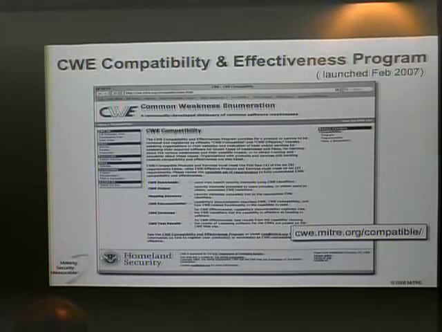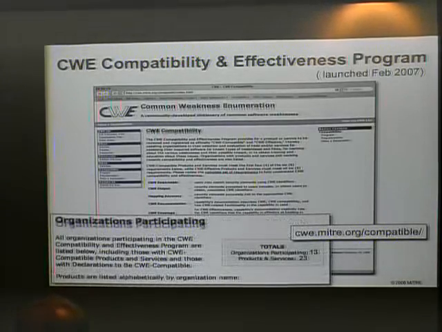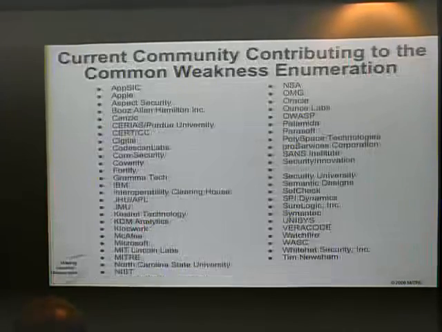And part of that is we now have 23 products and services that have declared their support for CWE, from 13 different organizations. And this program started at RSA last year, and now about half of them are actually shipping product with CWE tags or teaching courseware, because a couple of them are actual teaching, training, academic institutions.